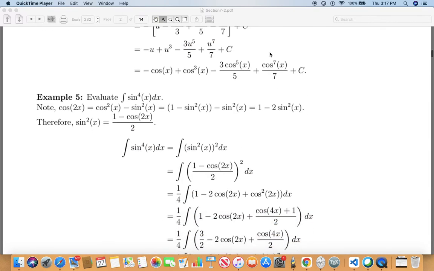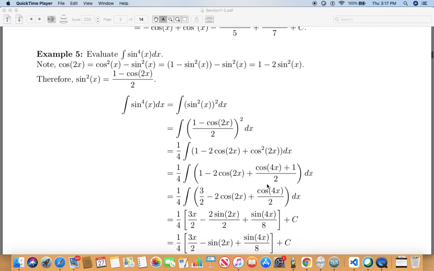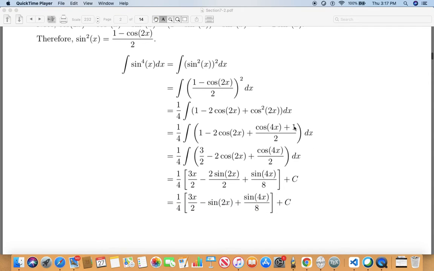So all of that gets me 1 minus 2 cosine 2x plus cosine 4x plus 1 over 2. That is because of the even power. Simplifying, see that 1 over 2 plus 1 is 3 over 2. This is negative 2 cosine 2x and this is positive cosine 4x over 2.